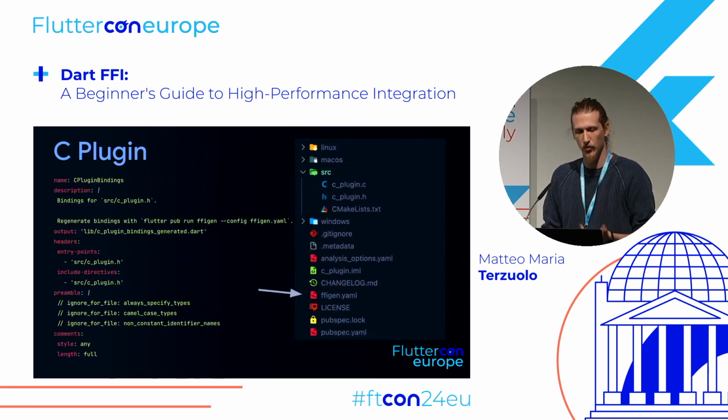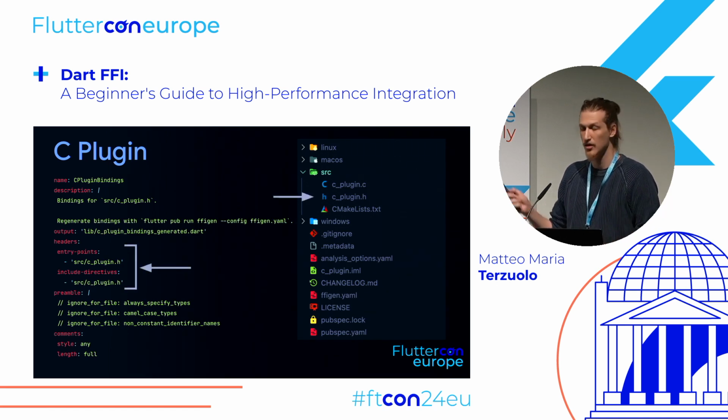After that, we can see in the main directory of our plugin the ffigen.yaml file. This is also generated by the flutter create command. This file is needed by the FFIGen package to understand where to get the header files for our plugin and generate the Dart code from them.